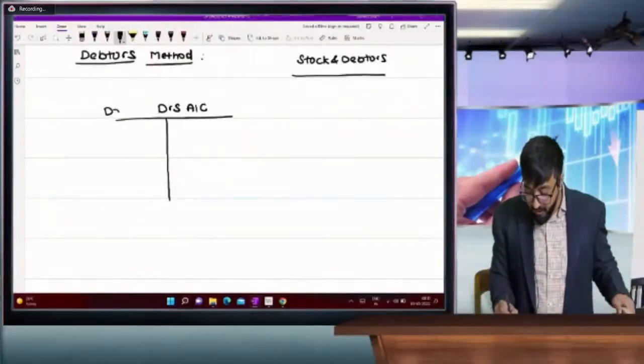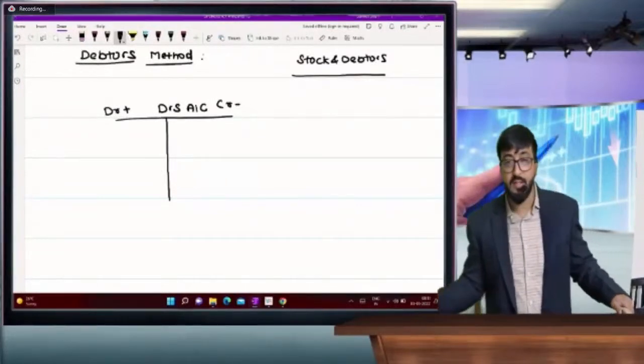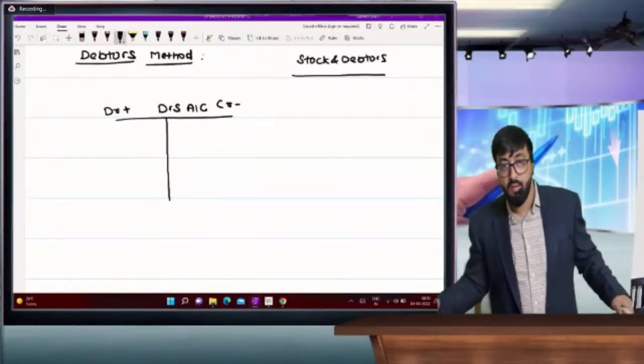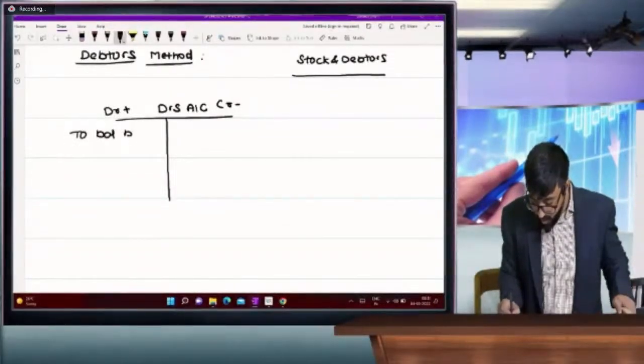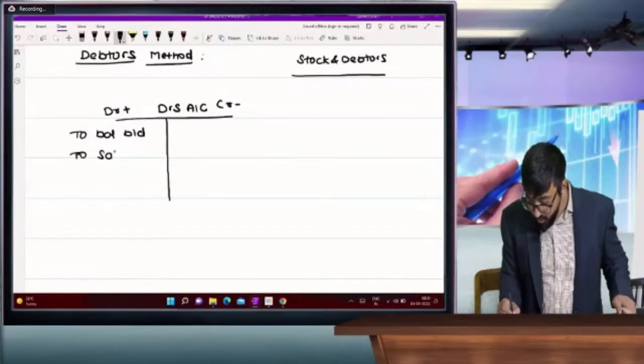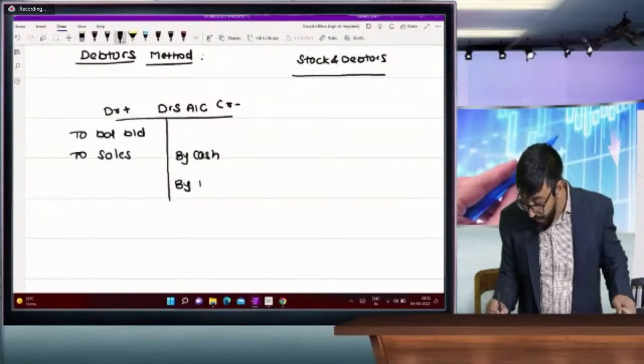As you are aware, debit plus, credit minus. To balance brought down, to sales, by cash, and by balance carried down.